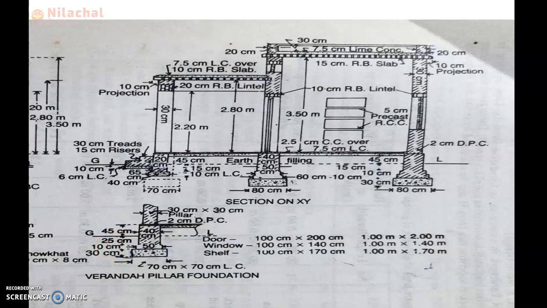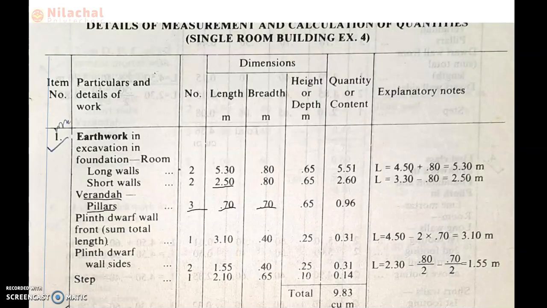The total is equal to 65 centimeter or 0.65 meter. So the height is 0.65 meter. So the pillar value is 3 into 0.70 into 0.70 into 0.65, which is equal to 0.96 meter cube.